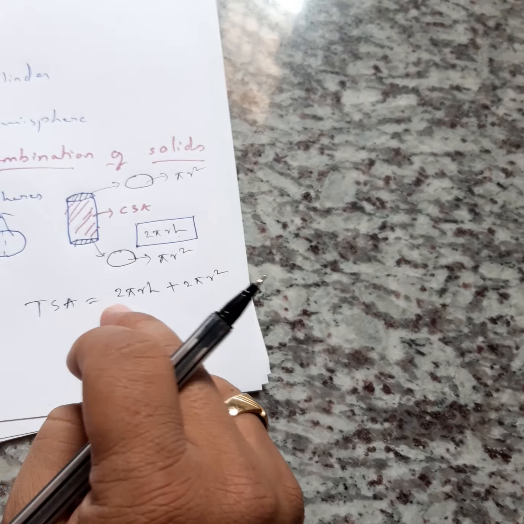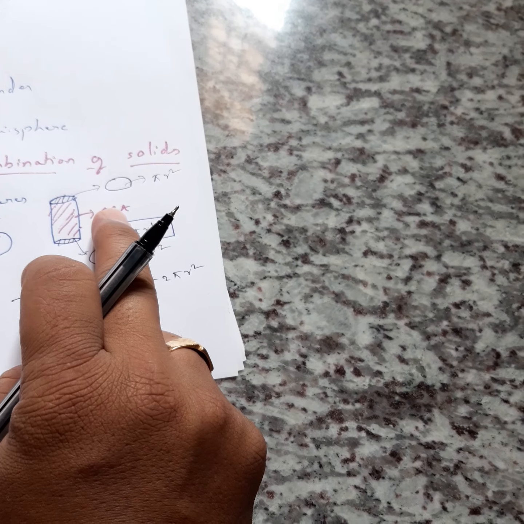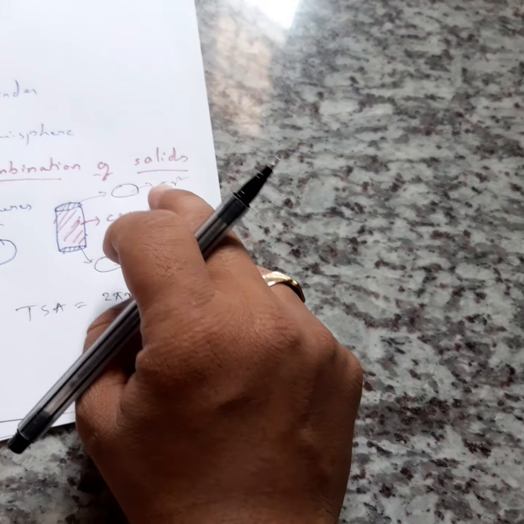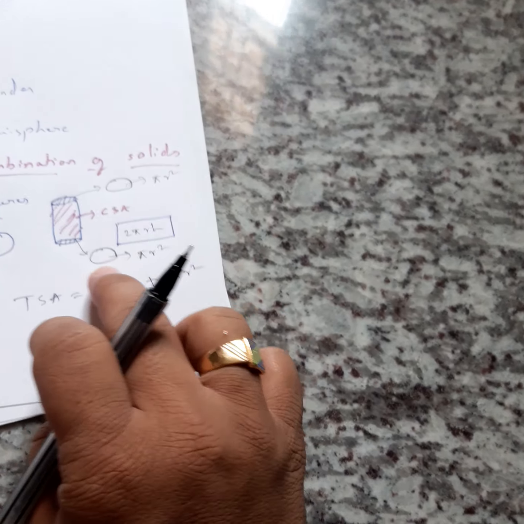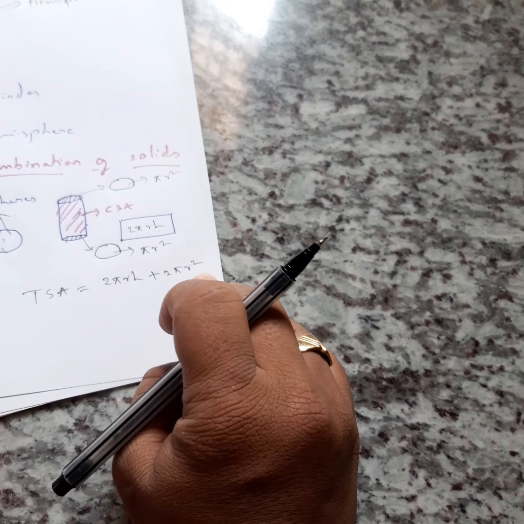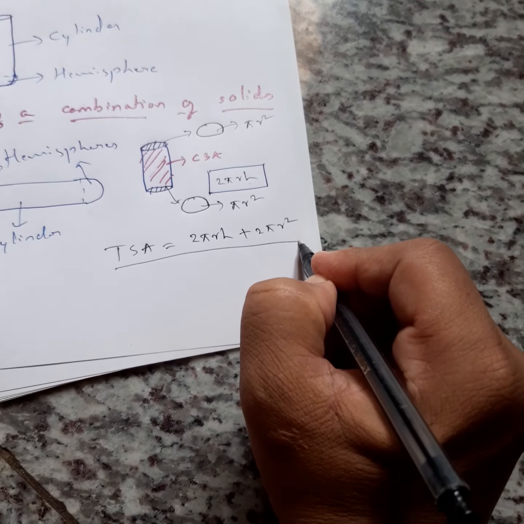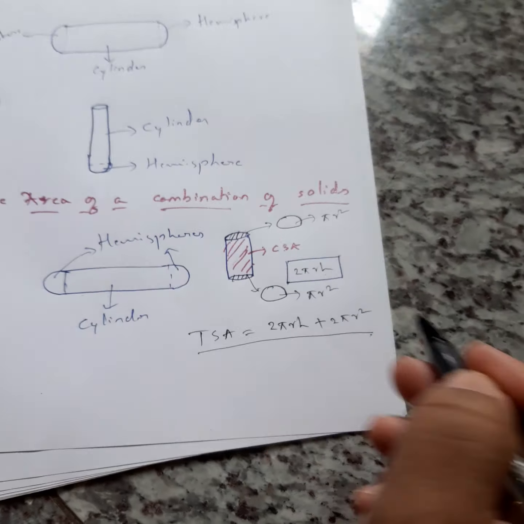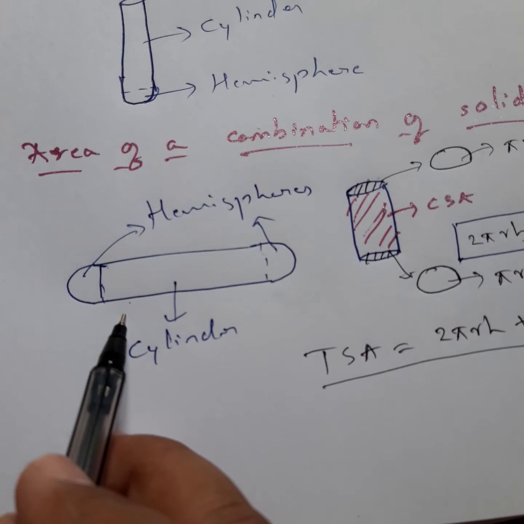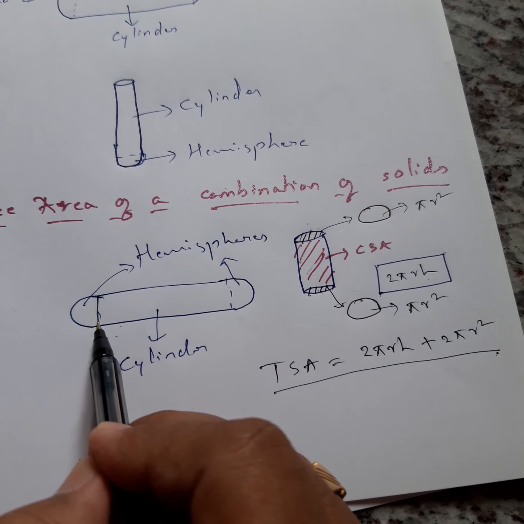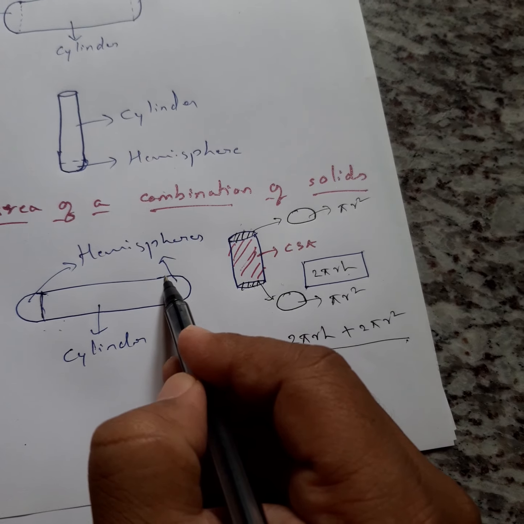So 2 pi RH is the curved surface area of this sheet, and pi r square is the area of one circle. There are two circles, so 2 pi r square. So this is my total surface area of the cylinder. But when I look at this particular solid, these two circles, what I just explained, are merging with the hemisphere.